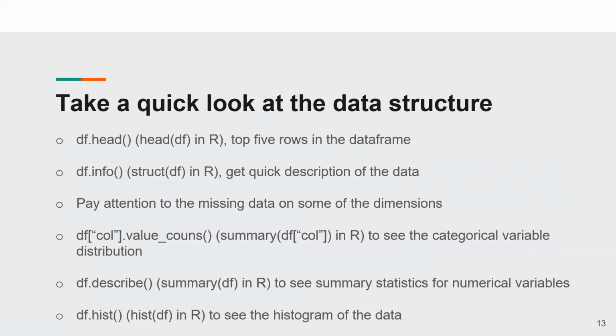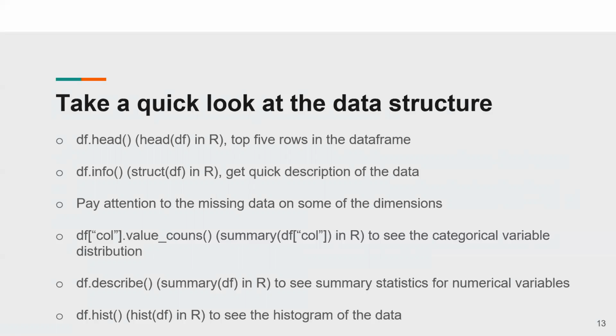It's equivalent to head(df) in R to look at the first couple rows in the data frame, df.info to get a quick description of the data, and pay attention to the missing data on some of the dimensions after you run through the df.info. And you could also look at df[column].value_counts() to see the categorical variable distribution.